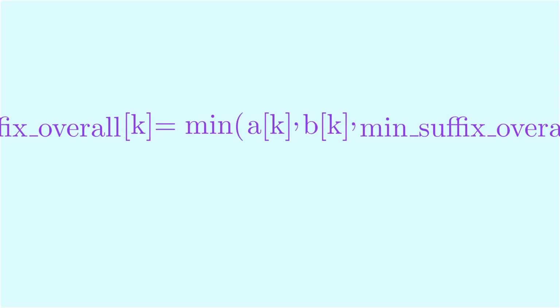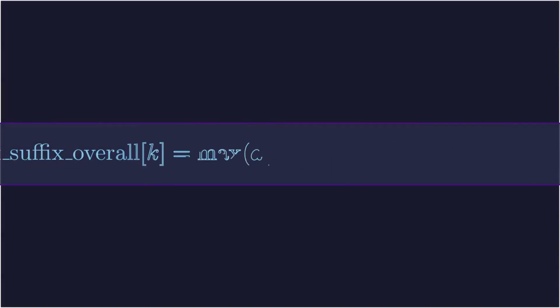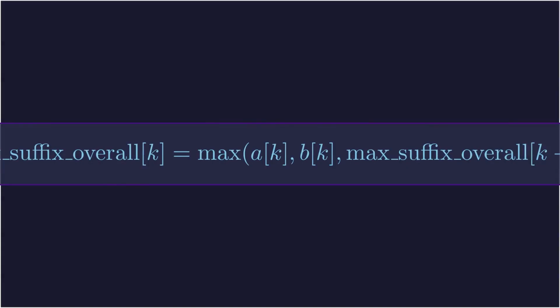Min suffix overall at k is the minimum of a_k, b_k, and min suffix overall at k plus 1. Max suffix overall at k is the maximum of a_k, b_k, and max suffix overall at k plus 1. Initialize max achievable matches to 0.